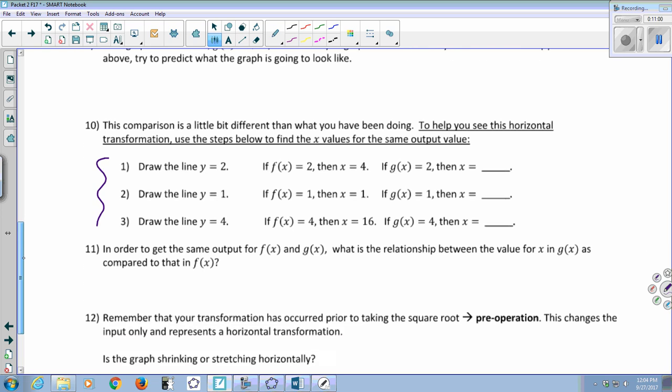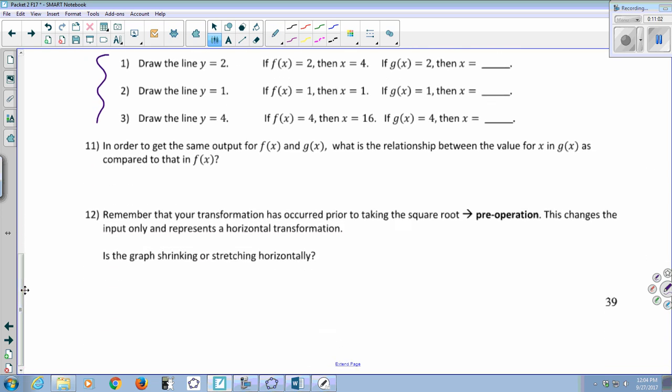In order to get the same output for f and g, the relationship between the value of x in g and f is that you have to have half the x value from f. So this is causing a graphical shrink, right?